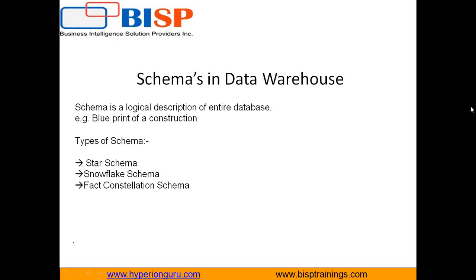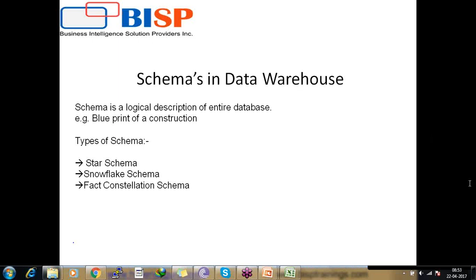What is a fact table? What is a dimension table, and what are the different fact tables that are currently used in a data warehouse, what are the different dimensions that are being used in a specific warehouse, all those information.